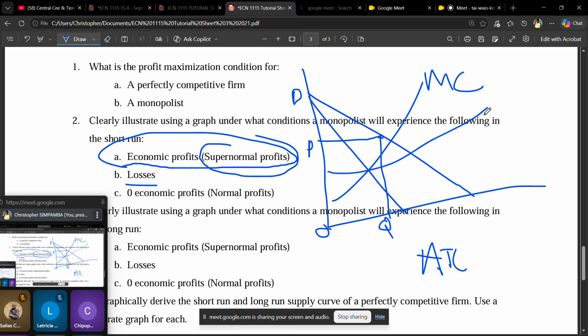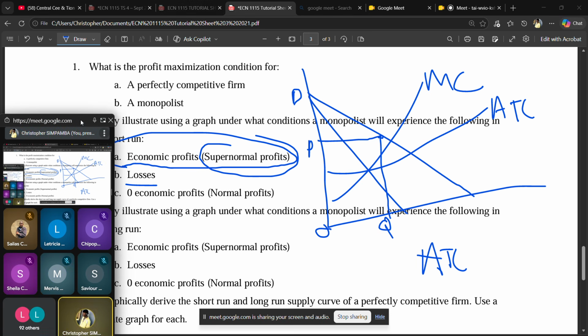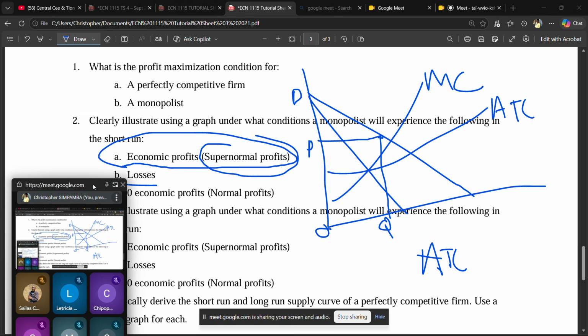It will be down here, average total cost. This is for question A. Supernormal profits are made as long as average total cost is below the market price. It's just the same conditions as under short run perfect competition, just the way you draw the curve. Are we okay on that?